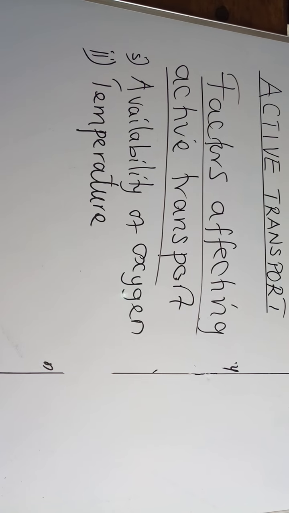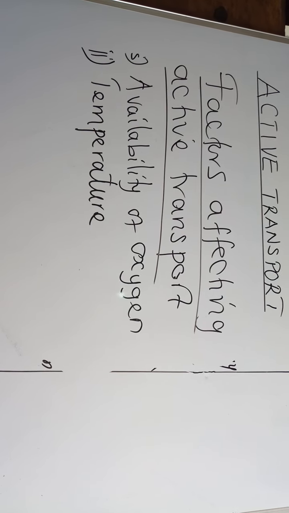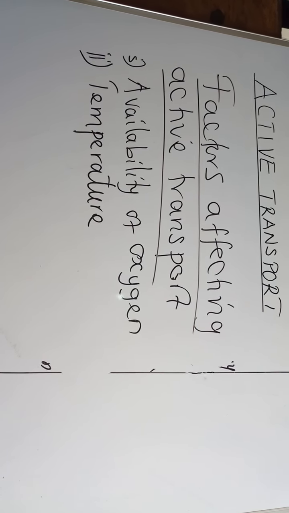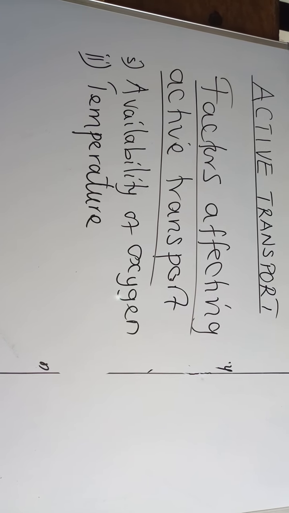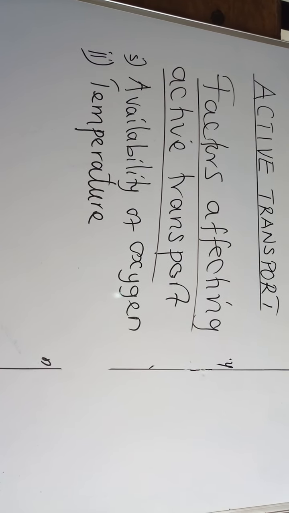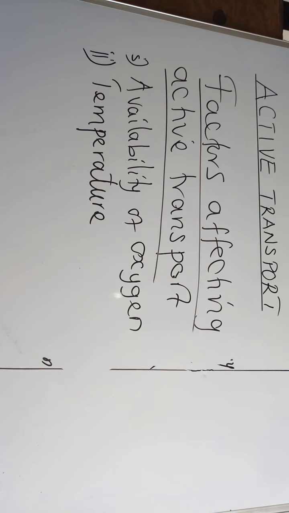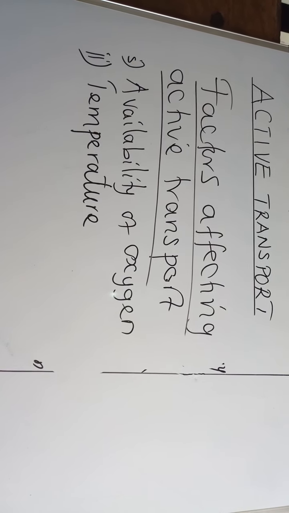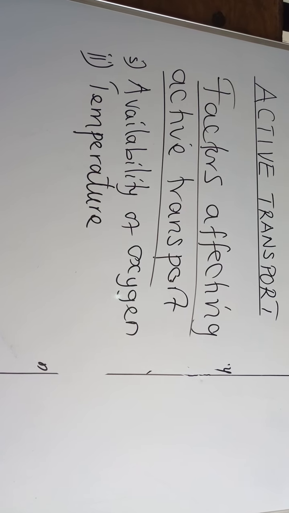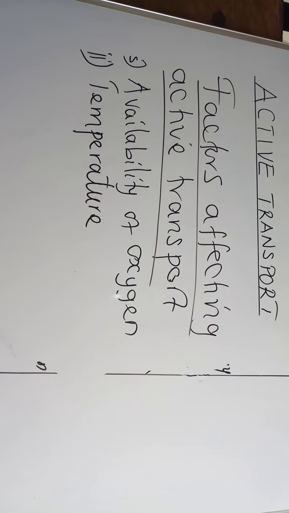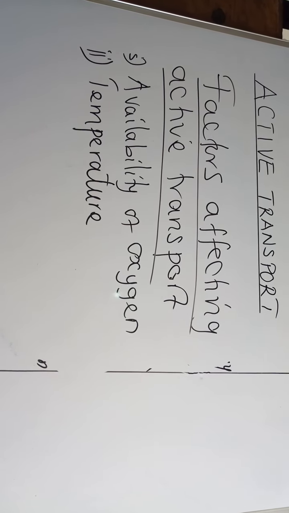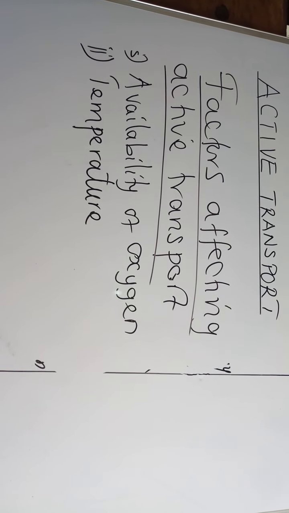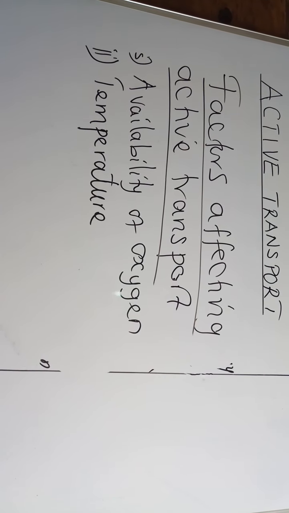When temperature is low, that's below 10 degrees Celsius, the rate of active transport will be slow because enzymes will be catalyzing reactions below their optimum temperature. Then only a small amount of energy will be produced, so the rate of active transport will be slow.